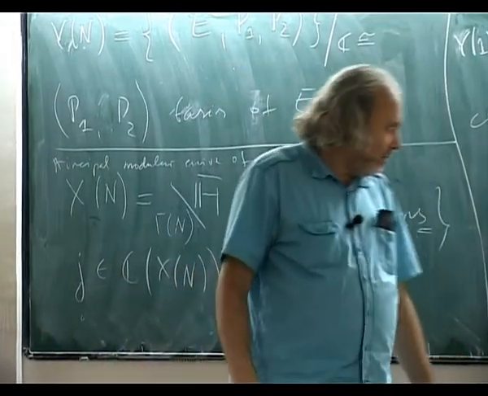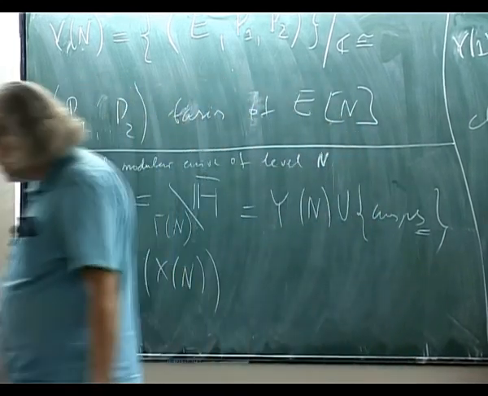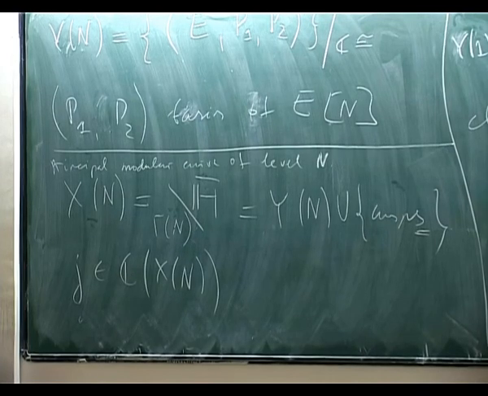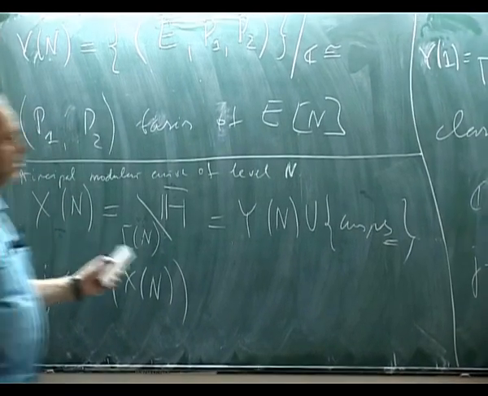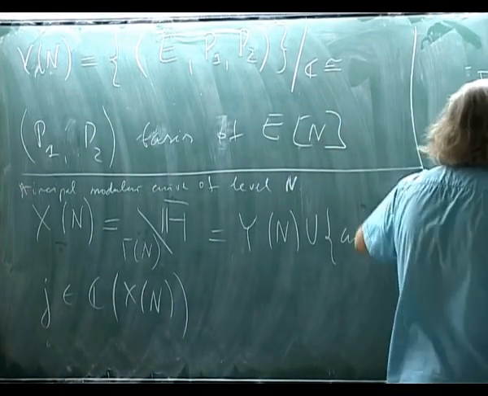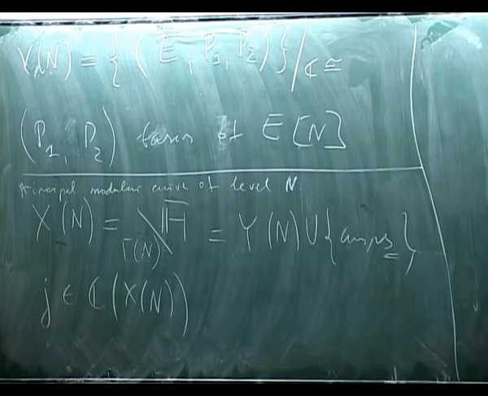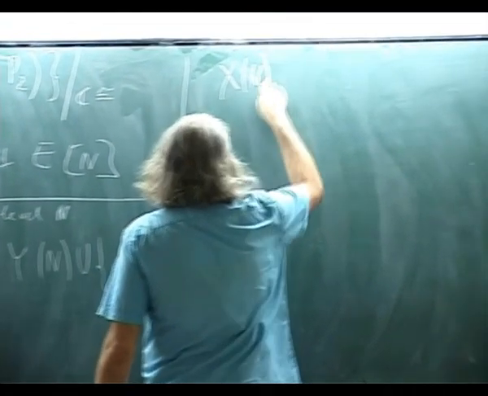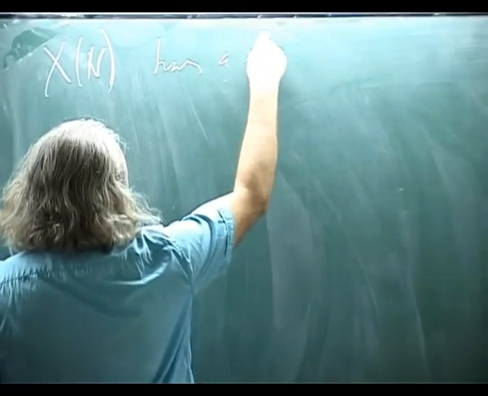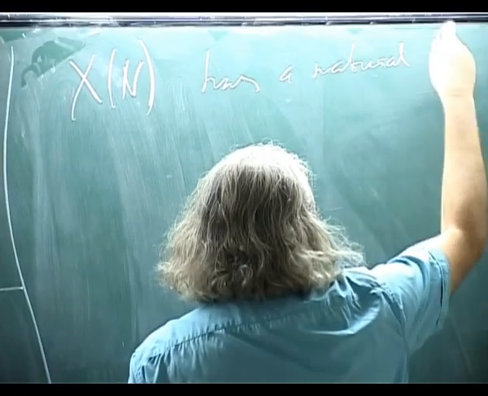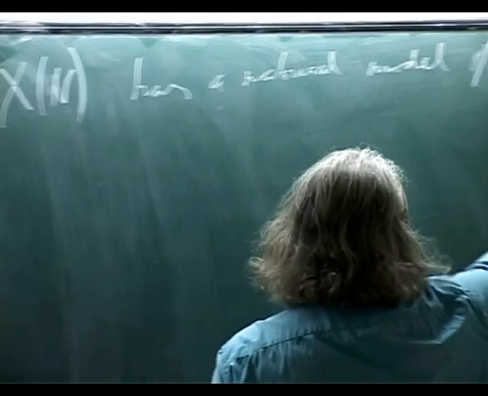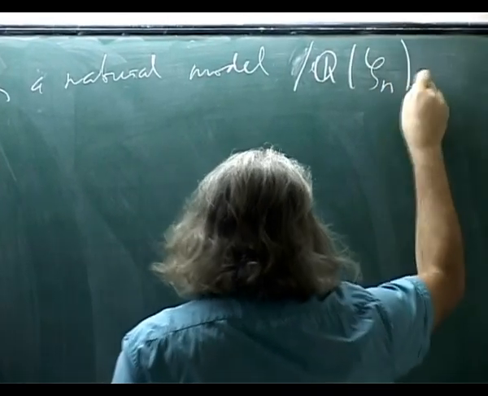But it turns out that it has a natural model, which is defined over a number field, and not just over a number field, but over the cyclotomic field, Q(zeta_n). Defined over Q(zeta_n).